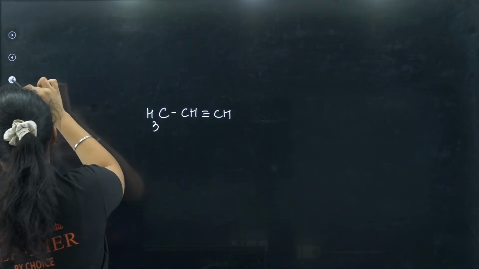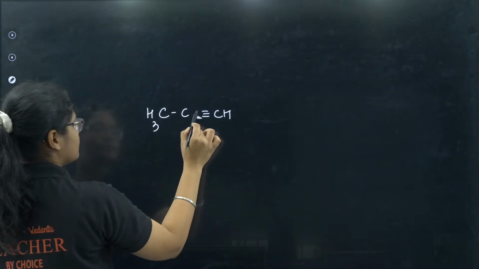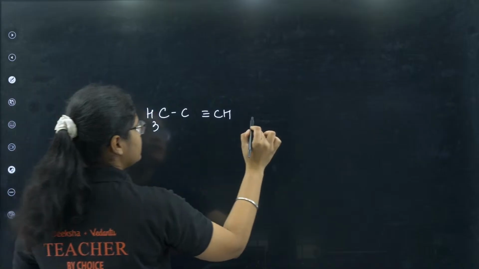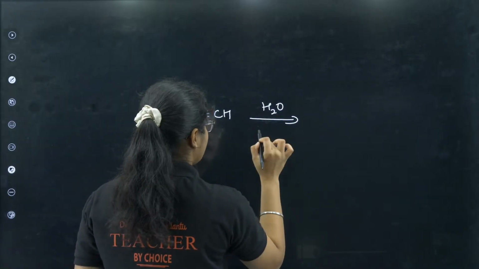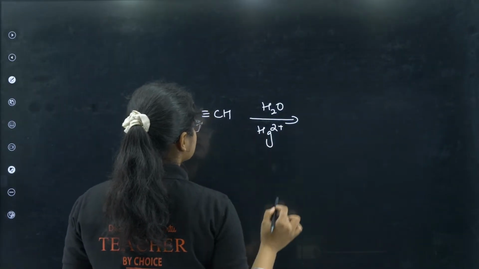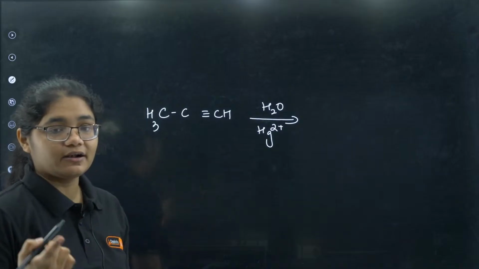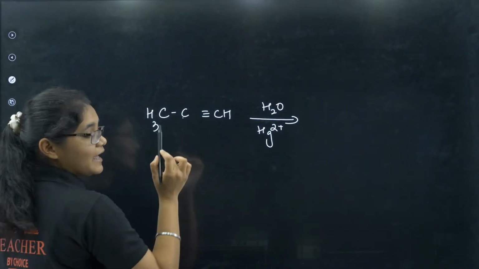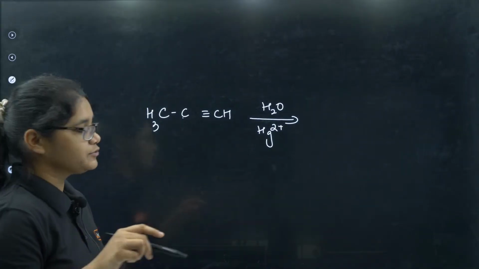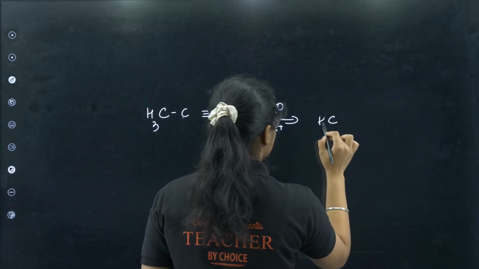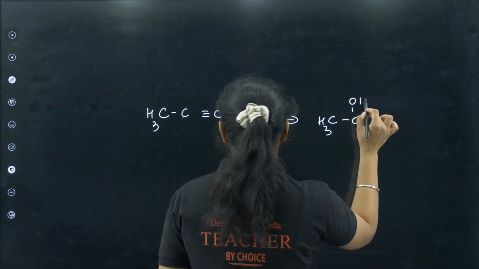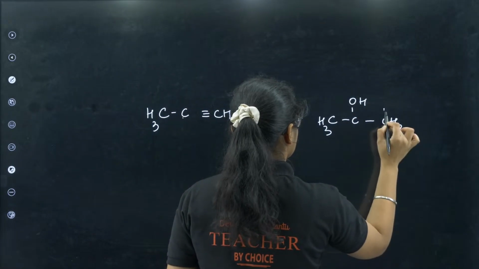Propyne is there and you treat it with H2O and Hg2 plus. So what will happen? H and OH will be added following Markovnikov's rule. So the carbon having less number of hydrogen will take the OH group. This carbon is having less number of hydrogen, so that will take the OH group, and this one will take this group.